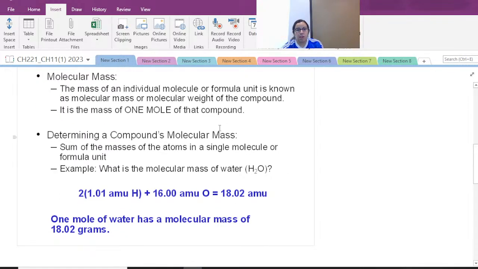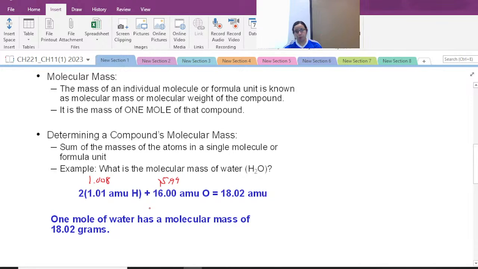And so conveniently, they wanted to make it convenient. So then for our molecular mass, we can talk about one individual molecule of water. Your numbers can vary depending on your rounding. You could round this to 1.008, or you could round this to 15.99. That's fine.